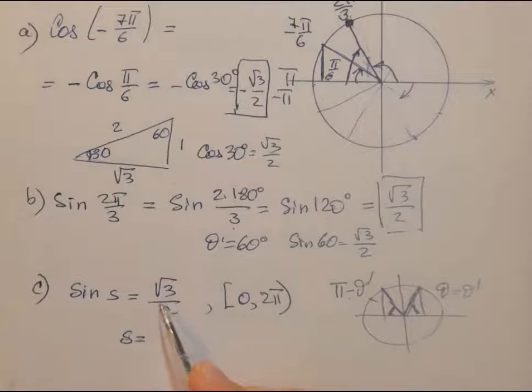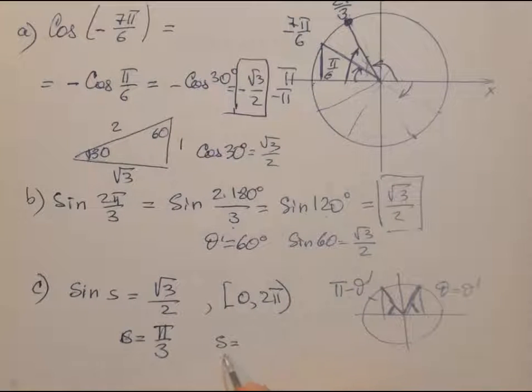Since it is a circular function, we take the same in radians. It is pi over 3 radians. I've written here theta prime, but you can understand it as s prime. So we have two values of s, pi minus pi over 3 and pi over 3.